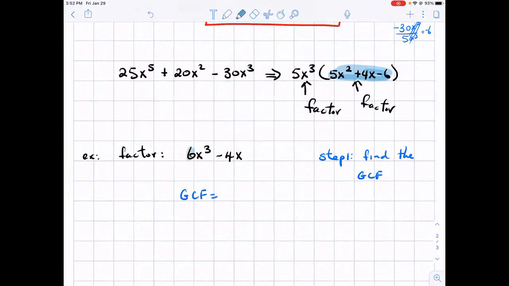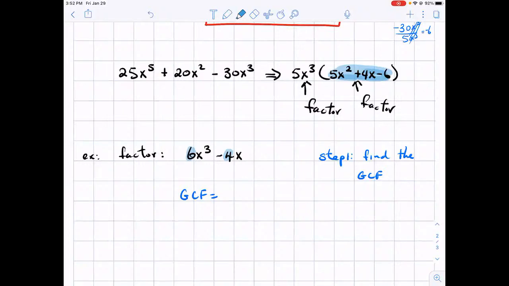What goes into 6 and 4? What's the largest possible number? Well, 1 goes into 6 and 1 goes into 4, but that's not the largest. If you look at 2, 2 goes into 6, 2 goes into 4. Well, let's try 3. 3 goes into 6, but 3 doesn't go into 4.